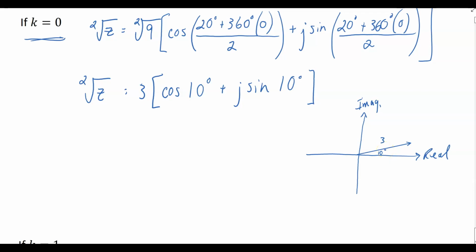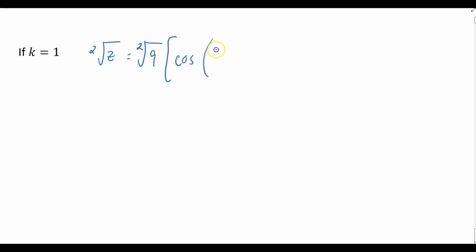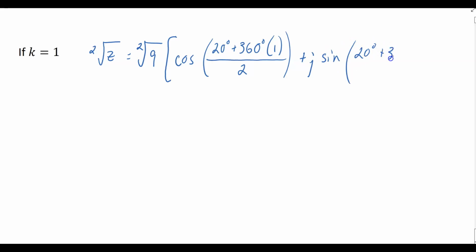Now, we also have to do k equals 1. So for k equals 1, the square root of our complex number z is equal to the square root of 9 times [the cosine of 20 degrees plus 360 degrees times 1, all over 2, plus j sine 20 degrees plus 360 degrees times 1 over 2].